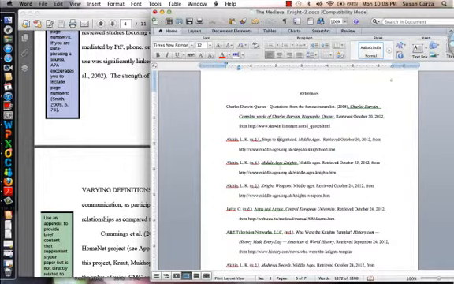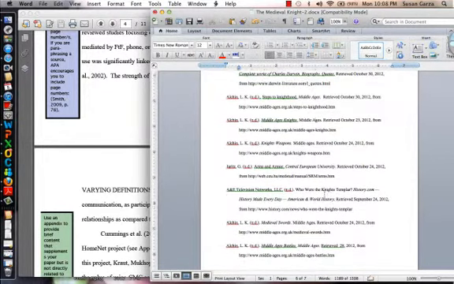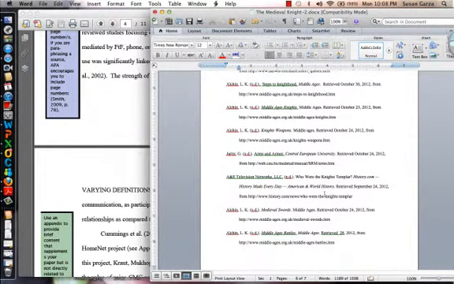Okay, and then these things, remember on your titles, you're not going to capitalize all the words. So here, this would not be italicized. This would be italicized. And the important words capitalized. Okay. Let's see. Here, arms and armor.